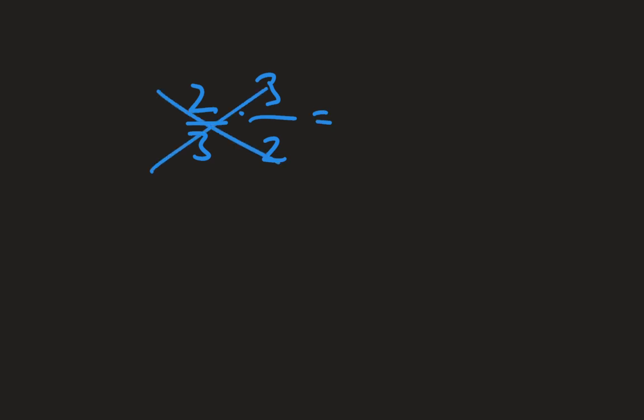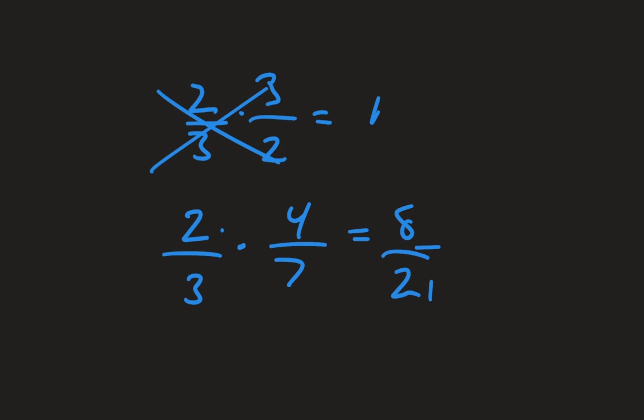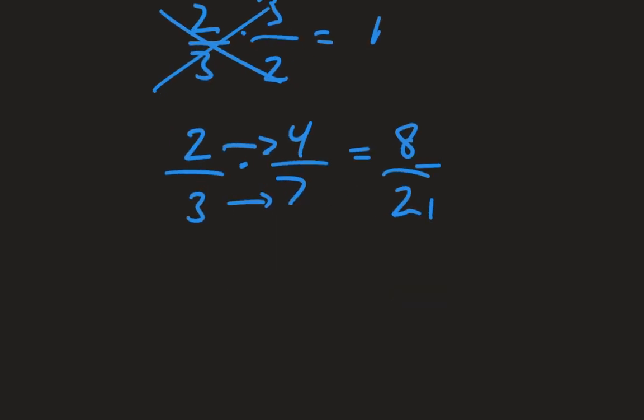See, these all cancel out and it just becomes 1. But for other fractions, let's say we have 2 over 3 times 4 over 7. That's just 8 over 21, because this multiplies that, this multiplies that, and we get 8 over 21 that way.